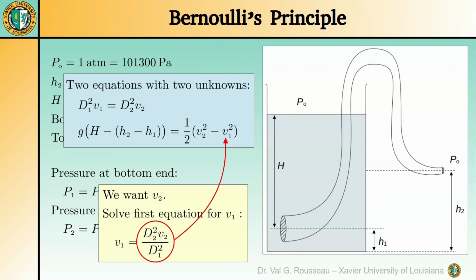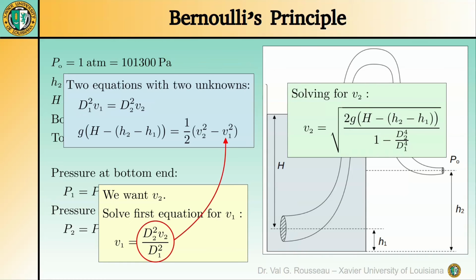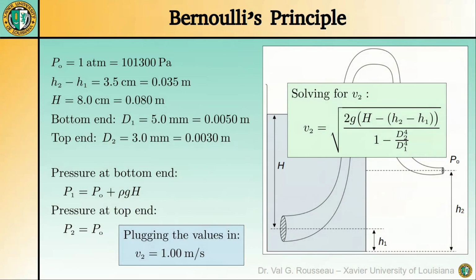We end up with an equation that contains only v2, so we can solve for v2. And we find that v2 is equal to the square root of 2g(h minus h2 minus h1) over 1 minus d2 to the 4th power over d1 to the 4th power. Plugging the values in, we find that v2 is equal to 1 meter per second.